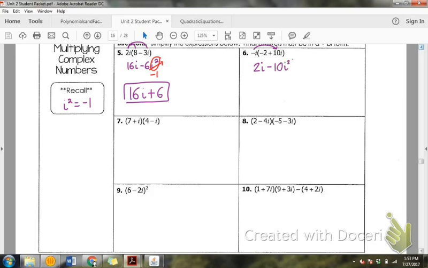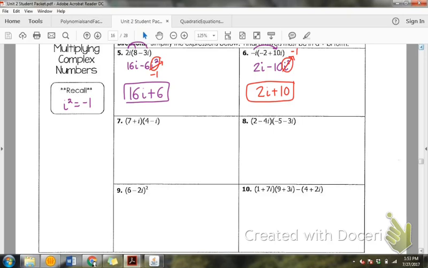But i squared turns into -1. 10 times -1 is, well, -10 times -1 would be a plus 10. So 2i plus 10. Anyone else have this as their answer?